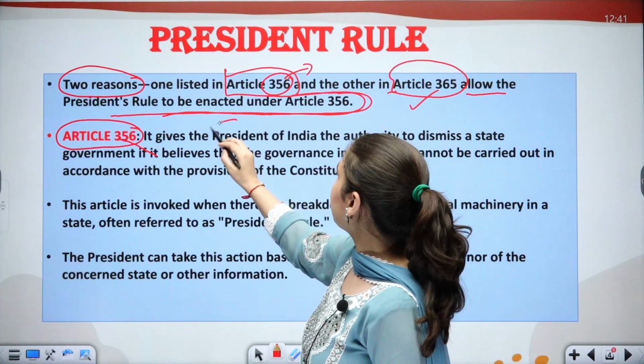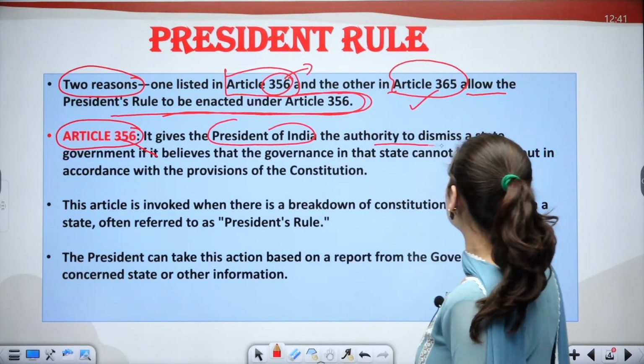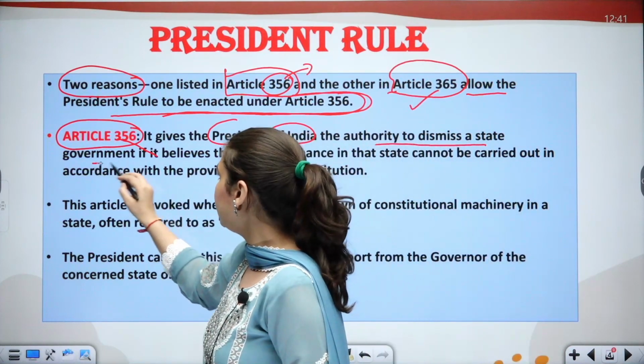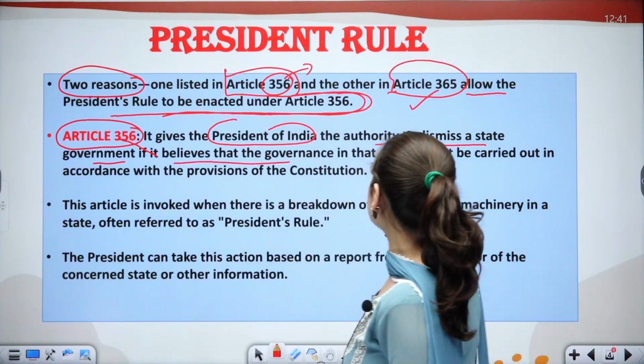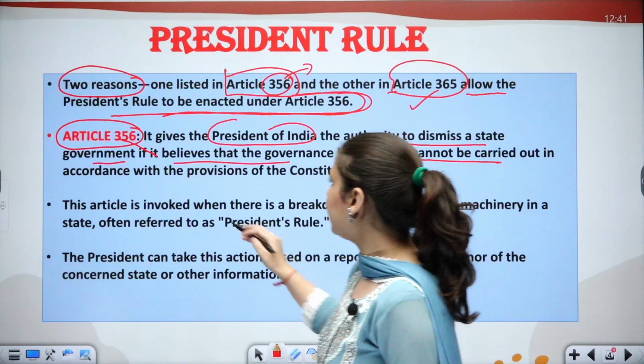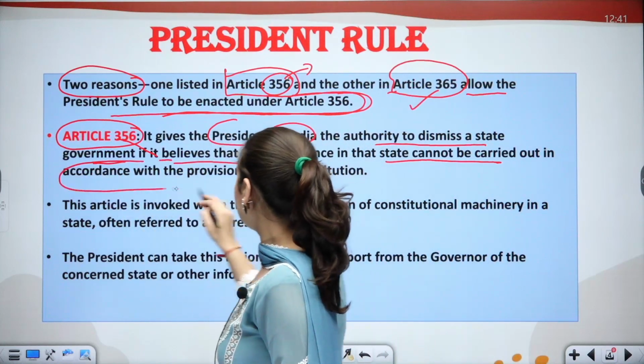Article 356 gives the President of India authority to dismiss a state government if he believes that governance in that state cannot be carried out in accordance with the provisions of the Constitution.